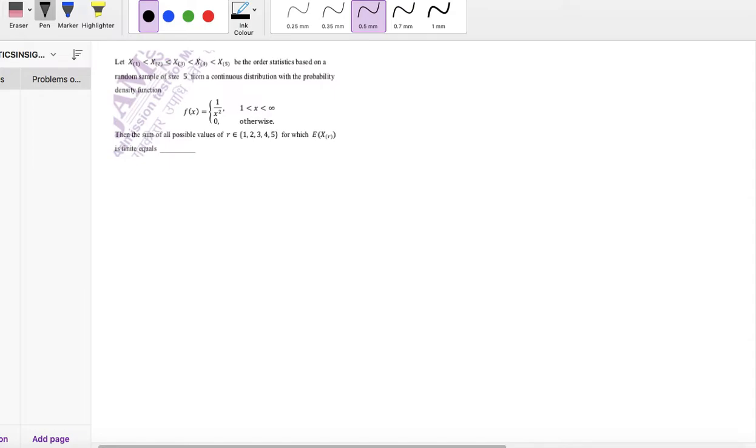Now here we are given the order statistics and the continuous distribution with probability density function is given by f of x. Now we are required to find the expected value of any order statistic for which the expected value is finite.